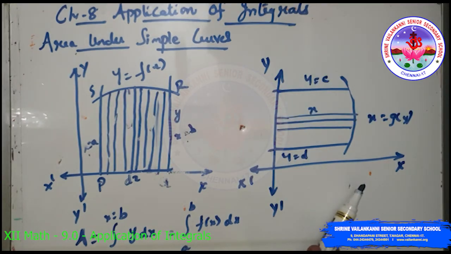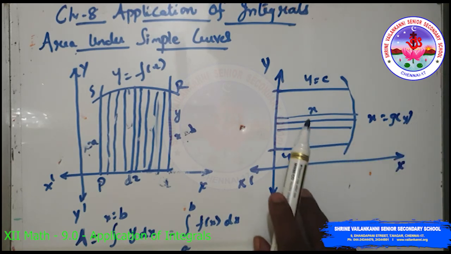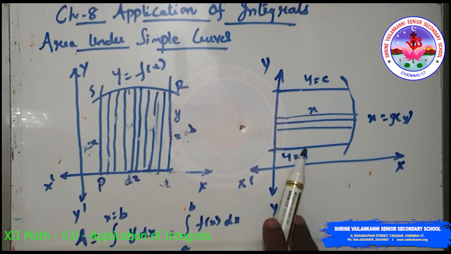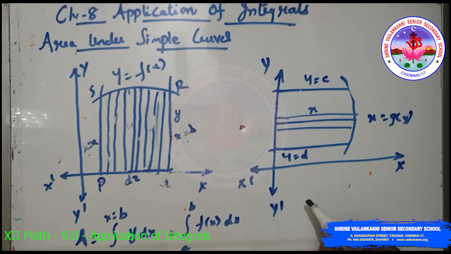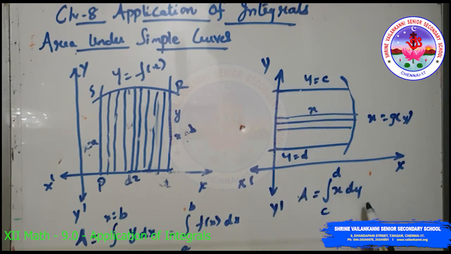So the area A of the region bounded by the curve x equal to g of y, this is along the y-axis, and the lines y equal to c and y equal to d, which are the coordinates, is given by area A equal to x into dy. So the integral from c to d of x into dy. We have to integrate this with respect to y.